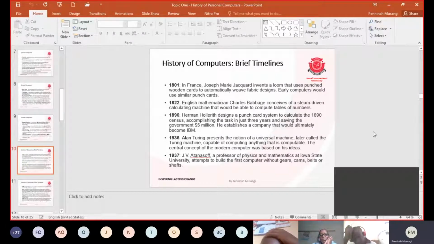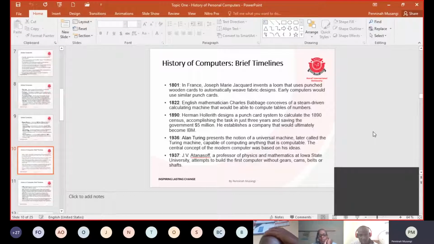And when he accomplished that, the 1890 census took 3 years. The previous one, I've said, took 10 years. So this one helped them finish in 3 years, and it saved the government $5 million US.